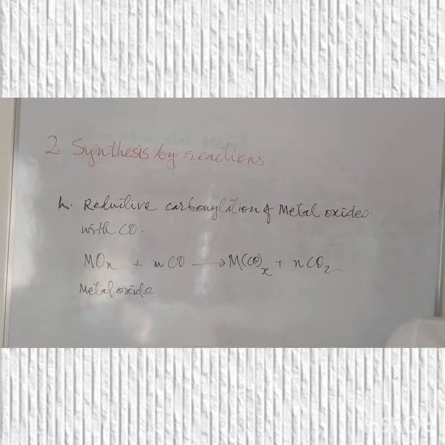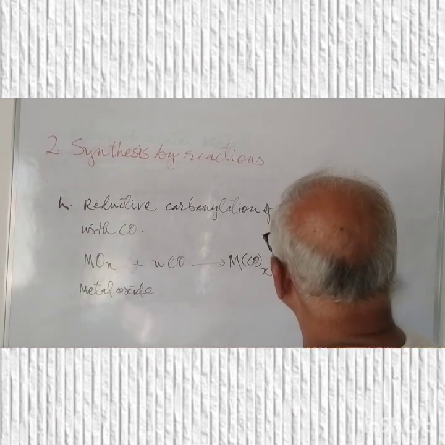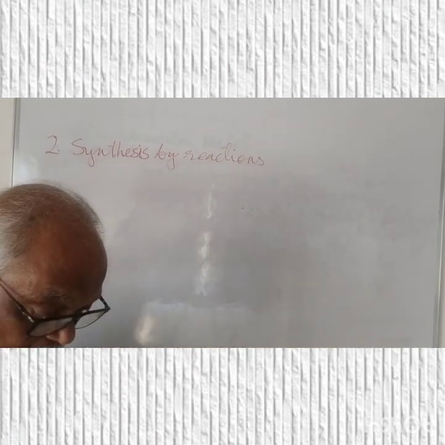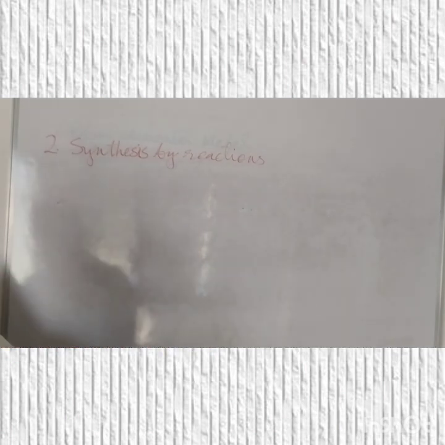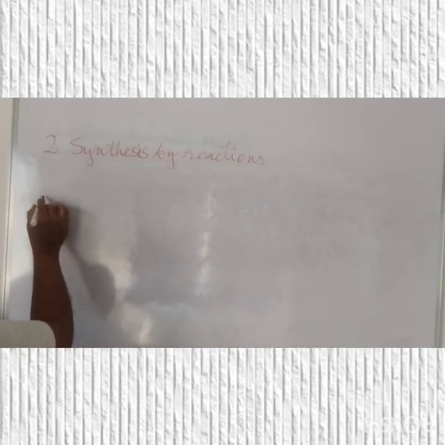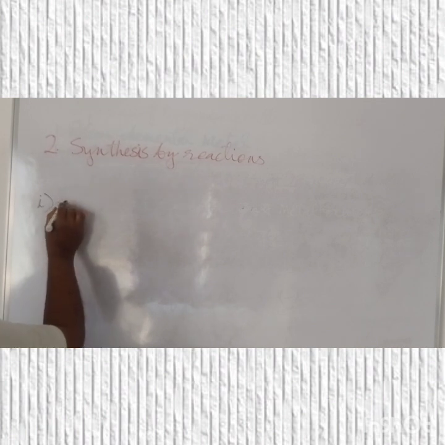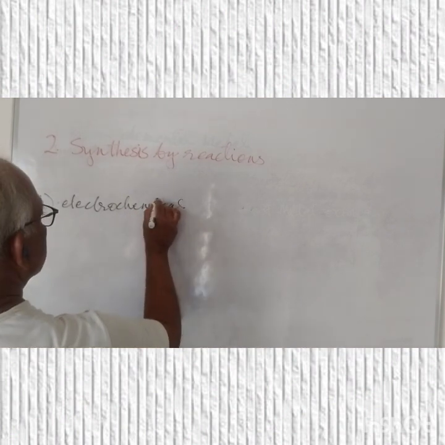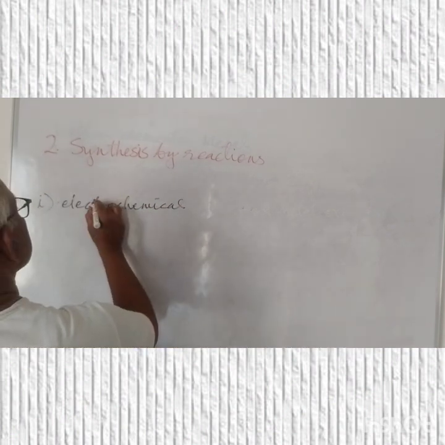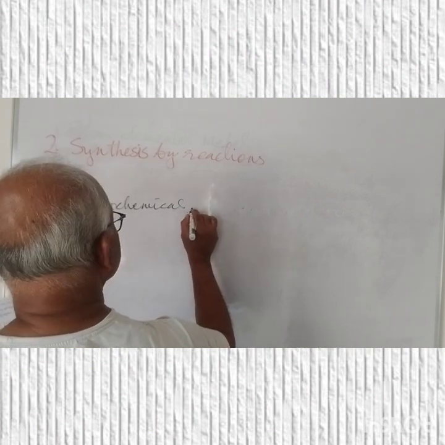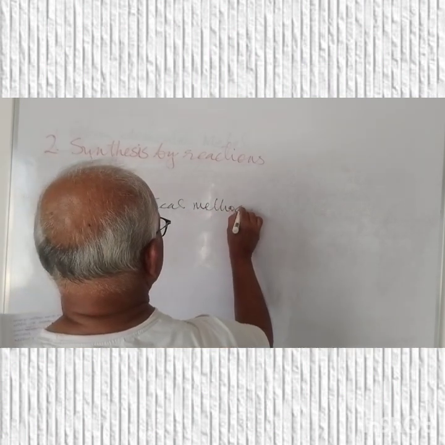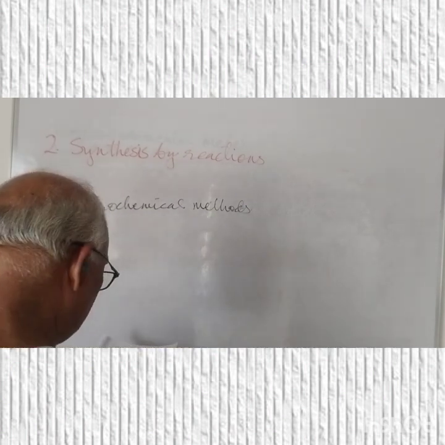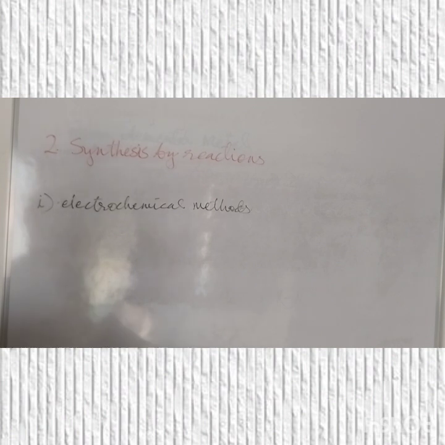And you see the next stage, we can see electrochemical methods. Electrochemical methods for preparing organometallic compounds in unusual oxidation state.